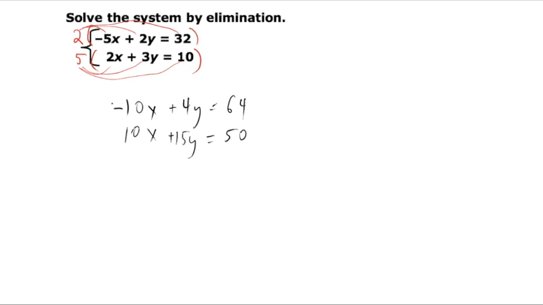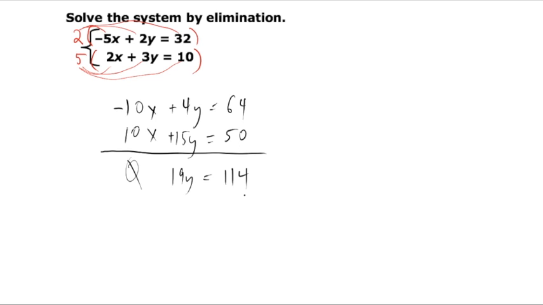So now that I have what I was looking for, where I have the same coefficient with opposite signs, I'm just going to add everything straight down now. So 10x plus -10x, these are just going to cancel away. So this is now gone. So 4y plus 15y gives me a +19y. 64 plus 50 gives me 114.